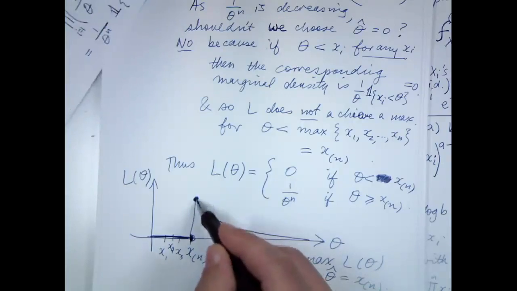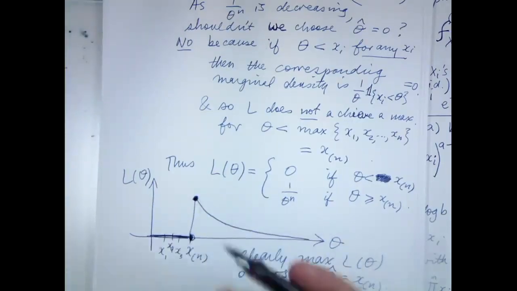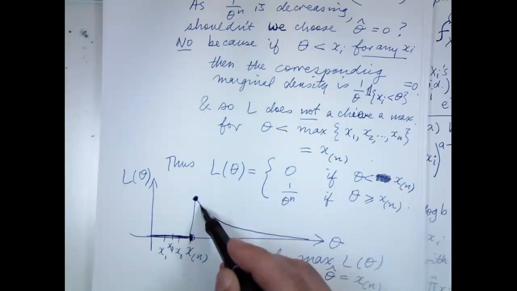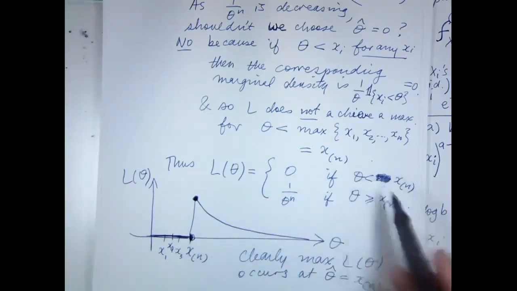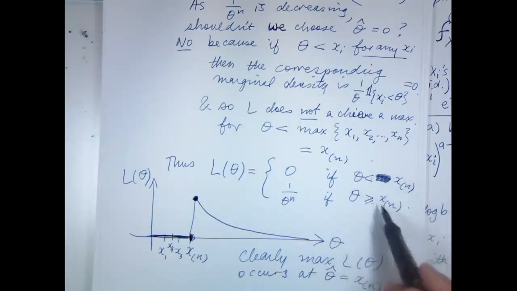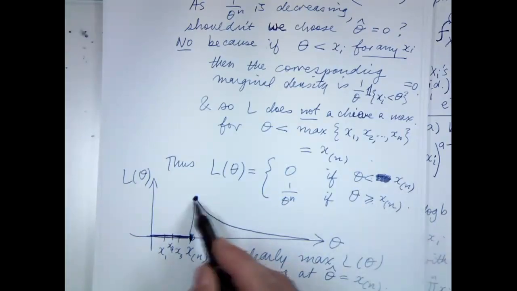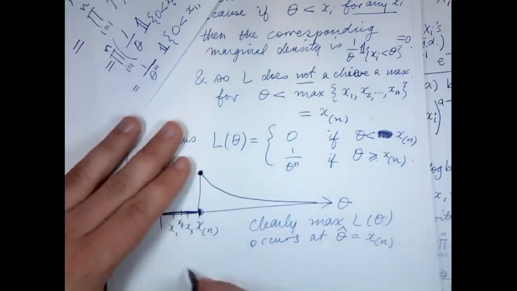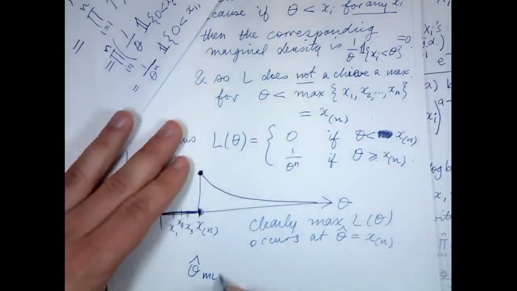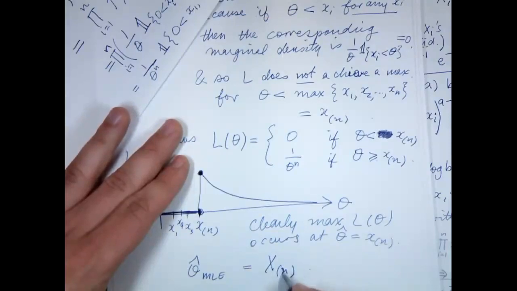The maximum still occurs there. If you don't like the idea of maximum, you could just say you approach the maximum. So I would encourage you still not to worry about exact issues of less than versus less than or equal to. Regardless of which way you choose it, it's clear that the maximum of the likelihood occurs pretty much at this point, because that's the highest you can be. It's 0 here, and it's decreasing to the right. Okay. So theta hat MLE is, of course, x n, the nth observation.